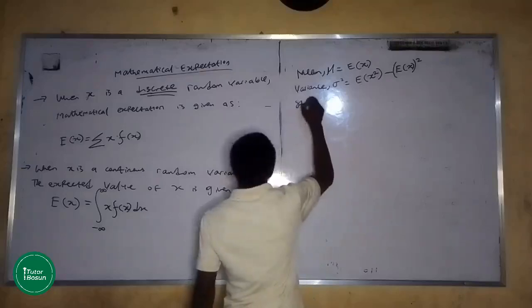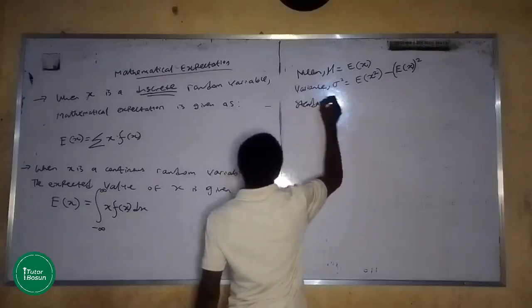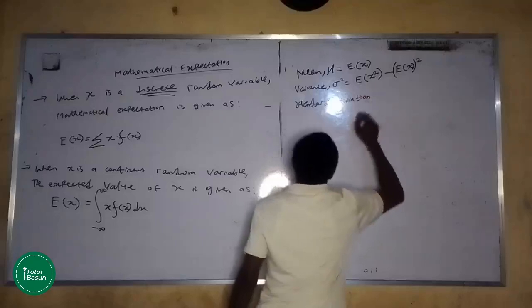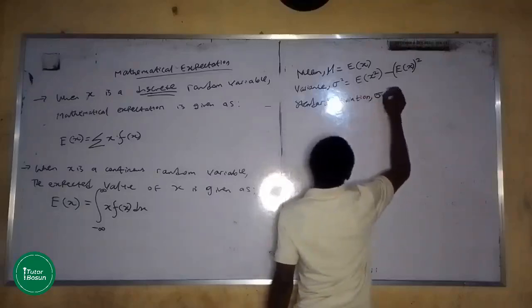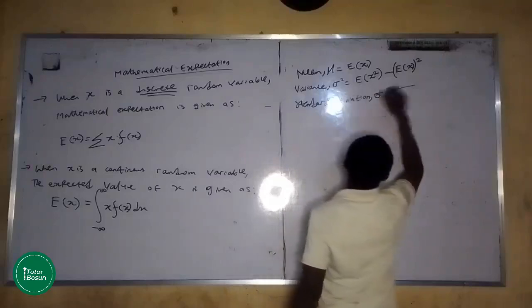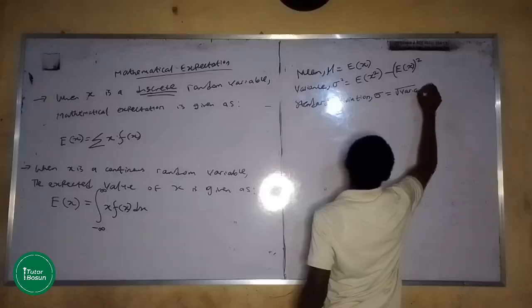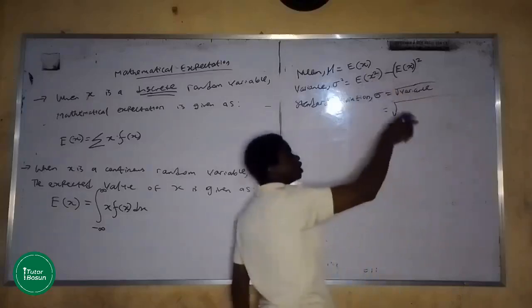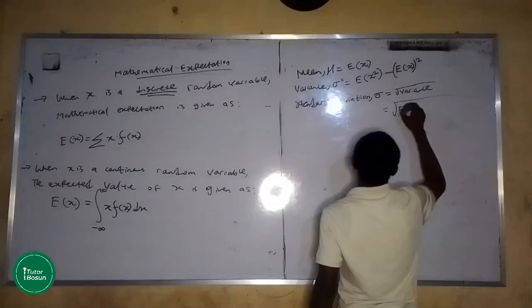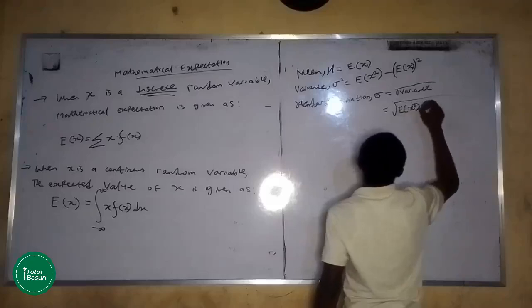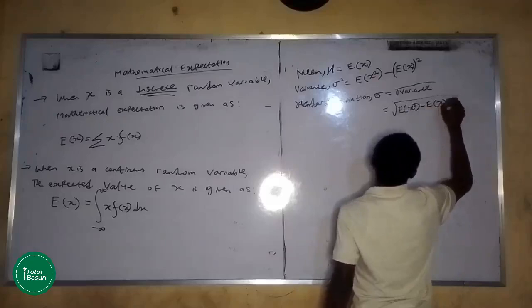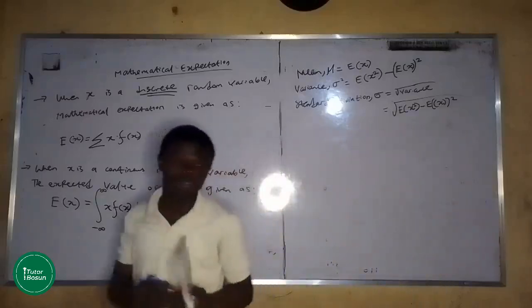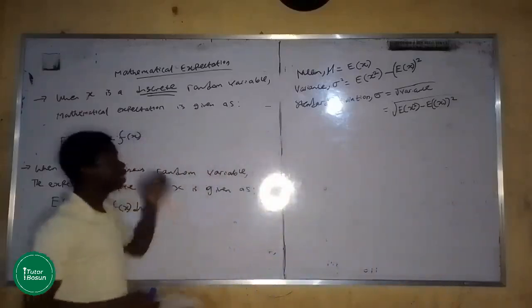Then your standard deviation sigma will be the square root of variance. So anything you get in your variance, just take the square root, which will be the square root of the expected value of x squared minus the square of the expected value of x.